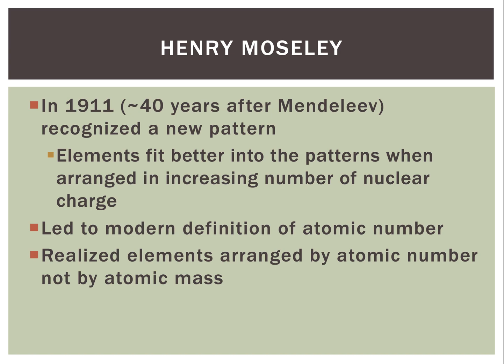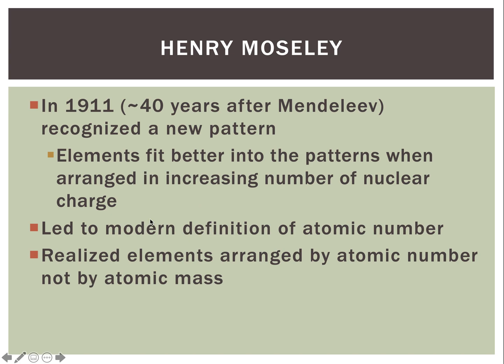So protons are my positive part, neutrons are neutral or have a charge of 0. So increasing nuclear charge just means increasing our number of protons. Now, we know today that the number of protons is equal to the atomic number.